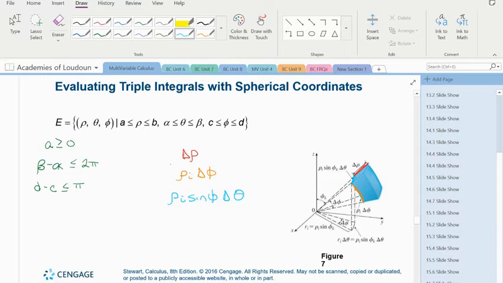So we can then approximate our volume delta V as delta rho, rho sub i delta phi, rho sub i sine phi delta theta.